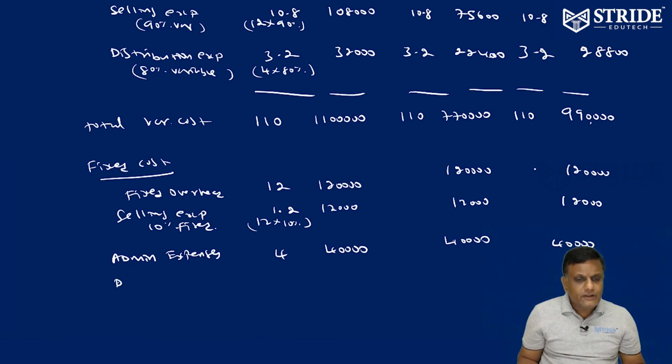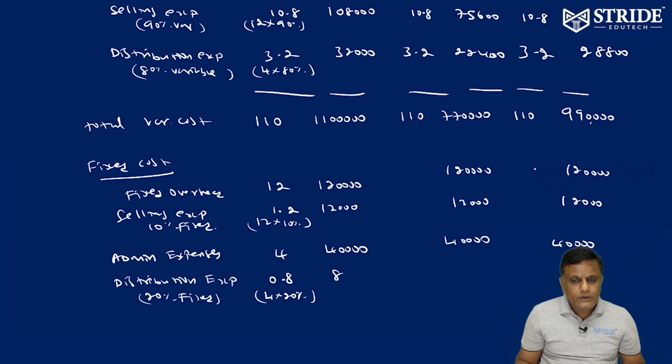Next one, distribution expenses. 80% variable, 20% fixed. So 4 into 20%, that is equivalent to 0.8, which is fixed. So 8,000, 8,000, 8,000.